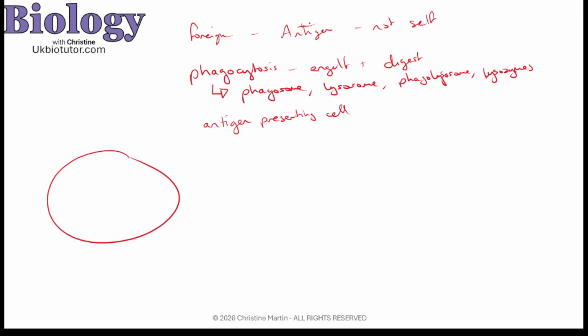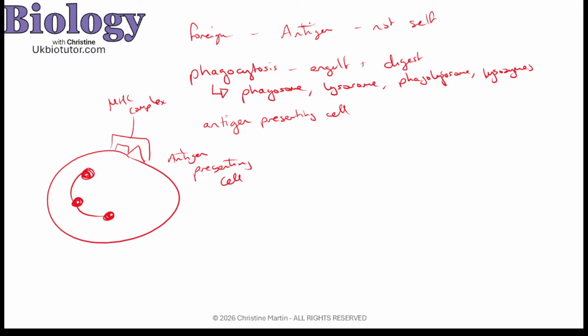So here's my phagocyte, which is now going to present that antigen on the surface of its cell. It's now an antigen presenting cell, because it has an MHC complex.